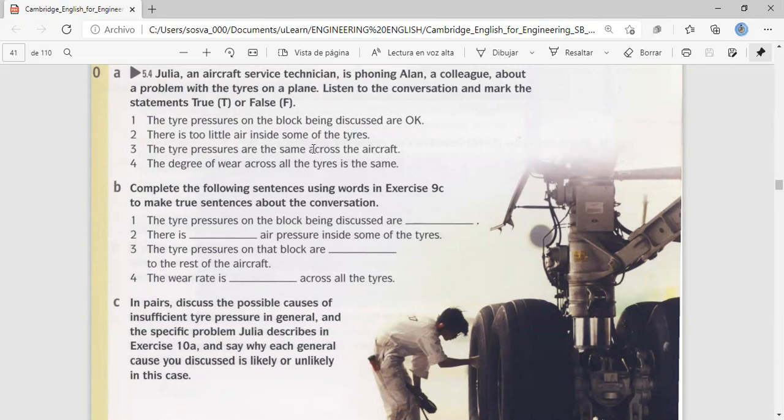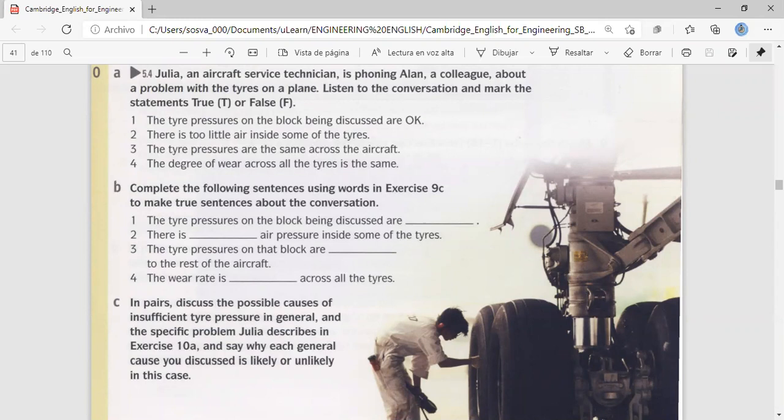Number three, the tire pressures are the same across the aircraft. Number four, the degree of wear across all the tires is the same.